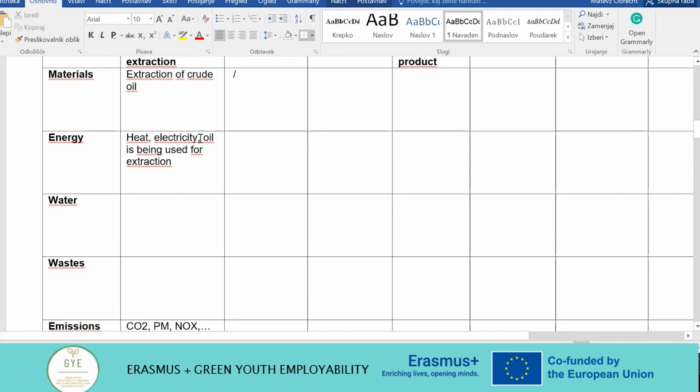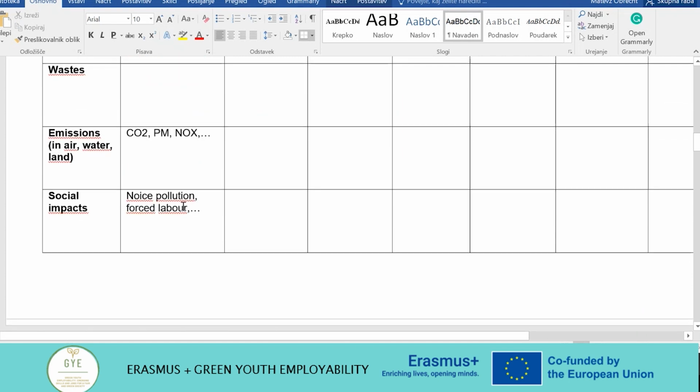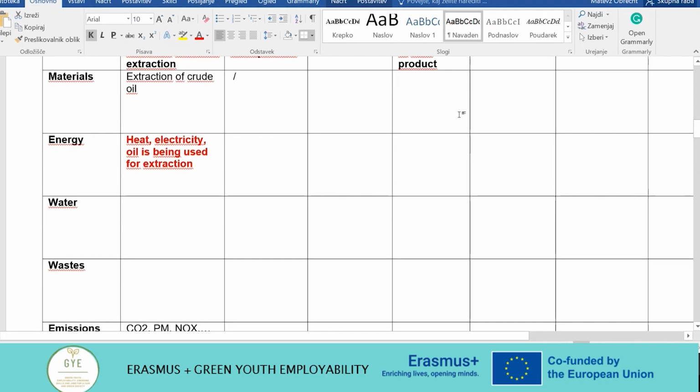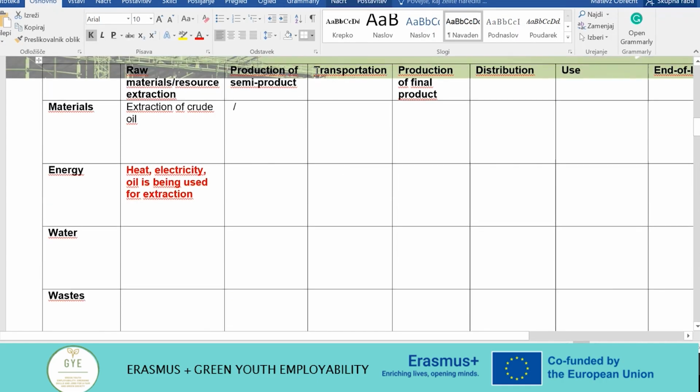And you will say, okay, let's say that this one is one of the most important, and let's say noise pollution, or I'm just making it up just to show you, so it's not right. So out of the whole table, maybe you will have some free spaces. Maybe you won't have any in the transportation. There is no water pollution. Maybe in the use phase there is no water pollution. So you just assign it like this, or make it not available, or something like that.